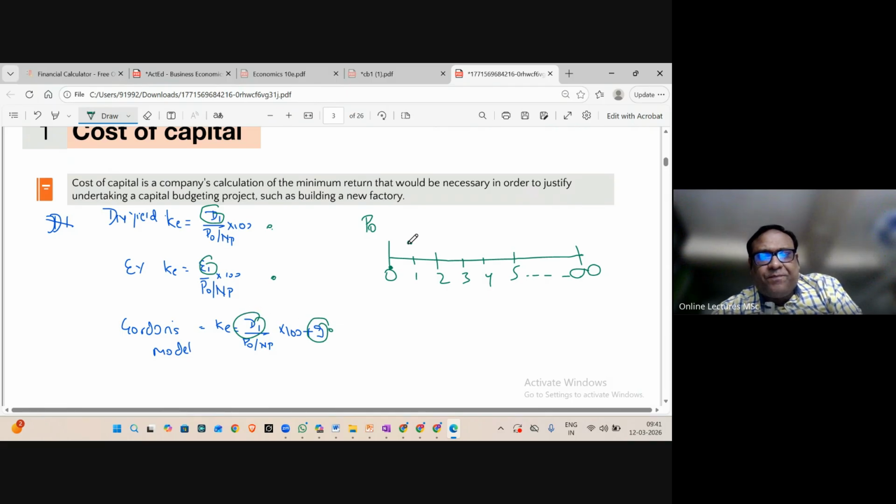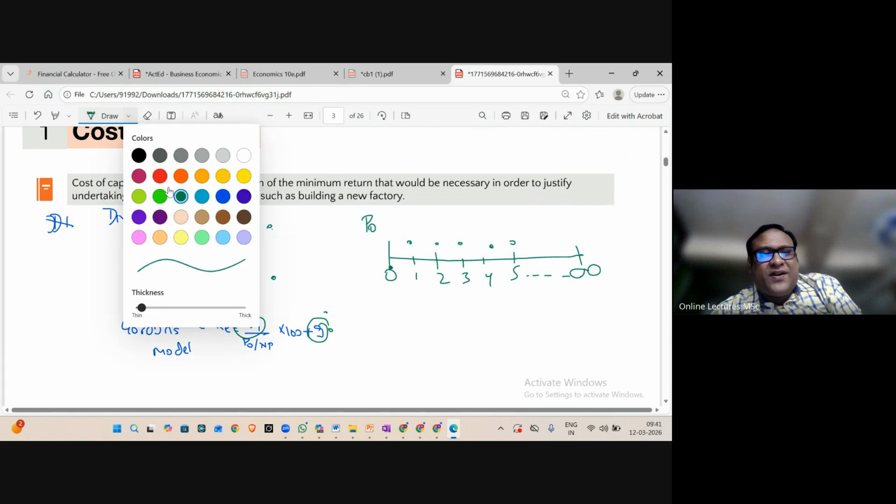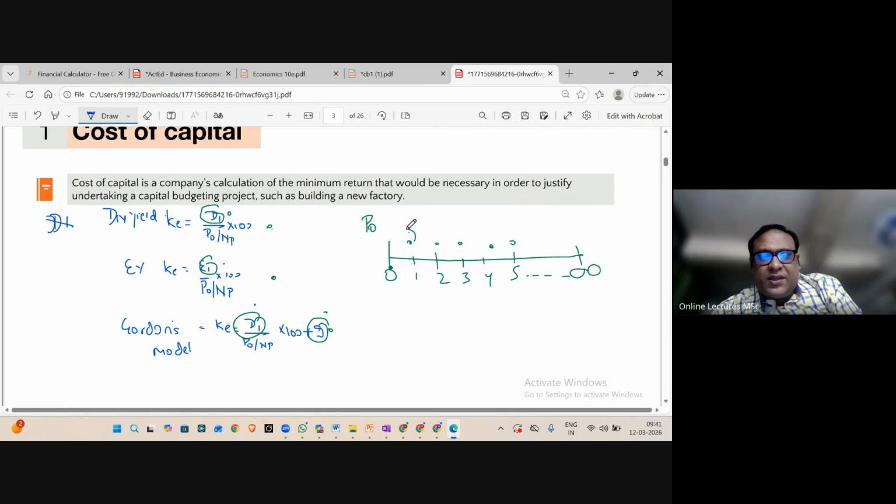Based on that fundamental, we would discount it at a KE, and ideally we should find the price. Here, we have the price. We estimate the future fundamentals and imply what should be the KE which equates them.